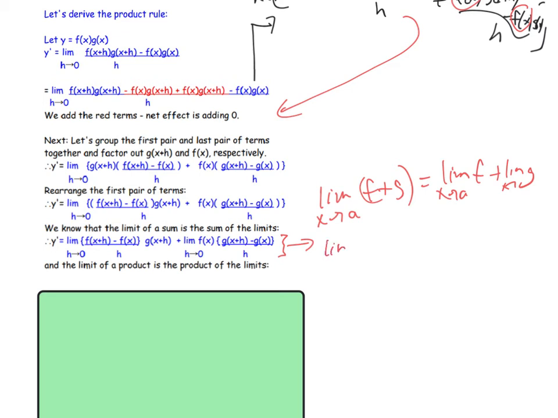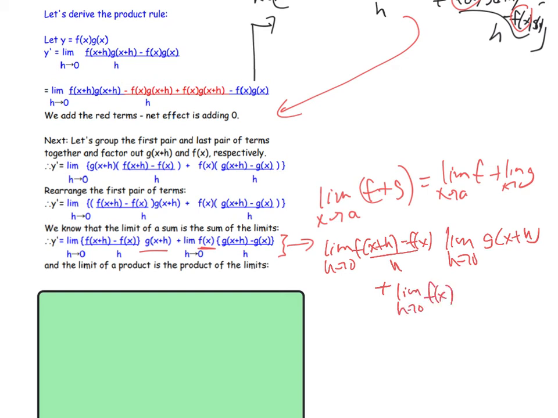So limit as h goes to 0 of f of x plus h minus f of x over h. So that's the first part. This one here, I'm going to put a limit, and they're next to each other because it's a product, g(x) plus h. And then the third one is this one here. So I'm going to write down limit as h goes to 0 of f of x, and then another limit as h goes to 0 of this, and then we have the rational expression, and this is where we stop.